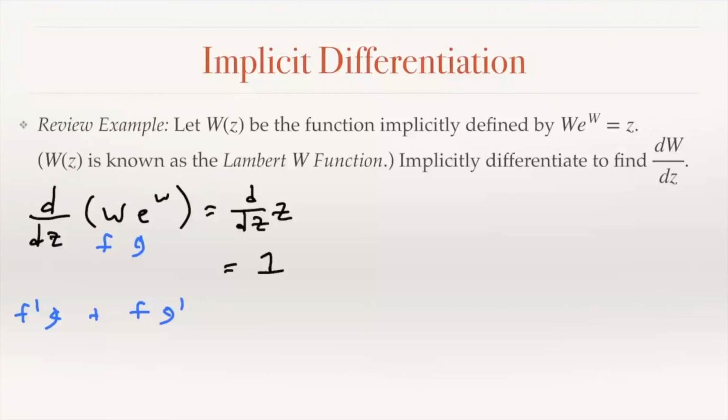So in this case, that's w prime times e to the w plus w times e to the w times w prime. And this last factor is there because w is a function of z, so by the chain rule, it's multiplied by the derivative of the inside.